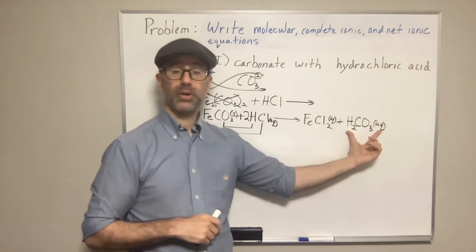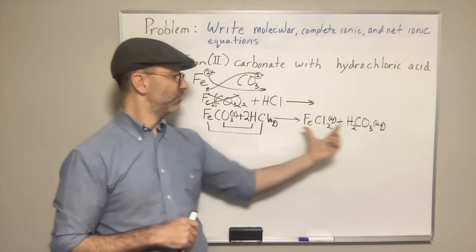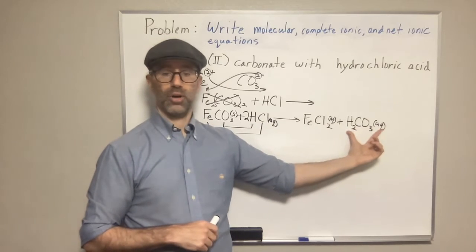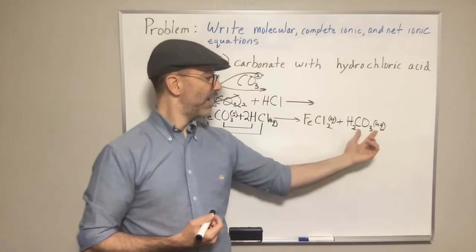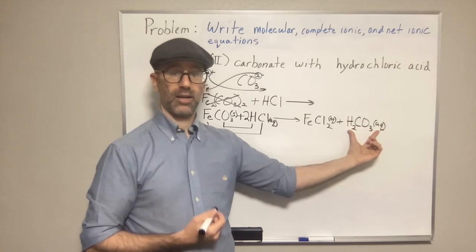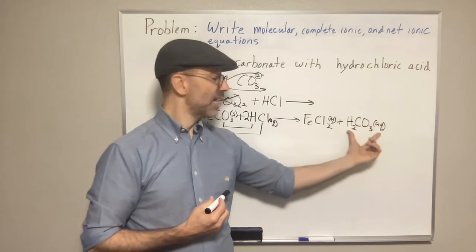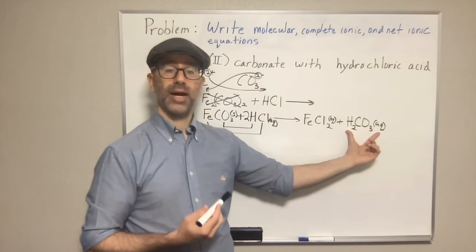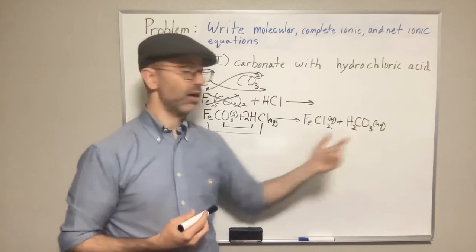But also, there's something special about carbonate. Anytime you have a carbonate reacting with an acid, you're going to get carbonic acid. But whenever you have a carbonic acid as a product, you have to watch out for the decomposition of that into carbon dioxide. So in here, this is actually going to break up into carbon dioxide and water.